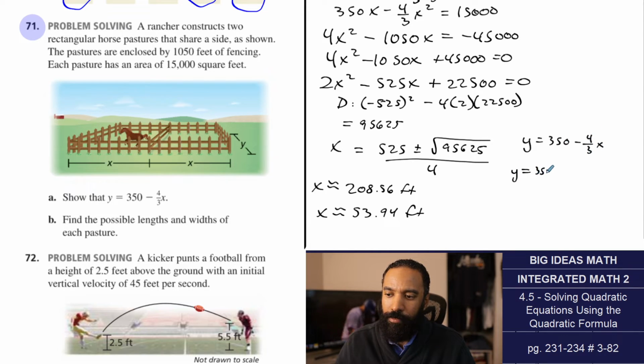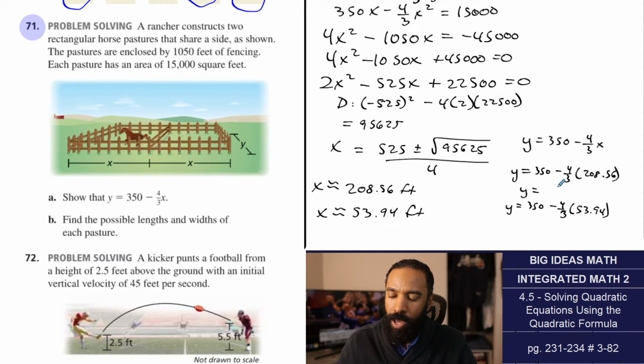So y is 350 minus 4/3 of 208.56, and y is 350 minus 4/3 of 53.94. Okay, so what do they want? Possible lengths and widths?